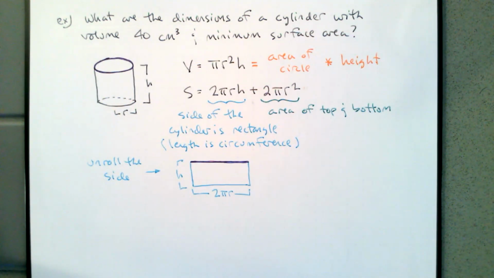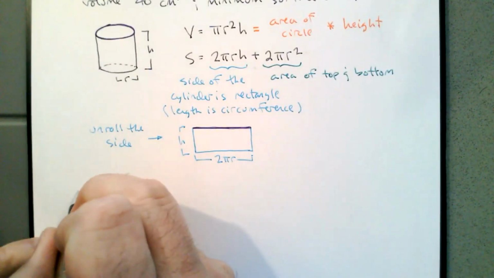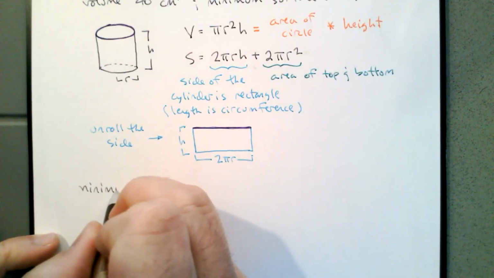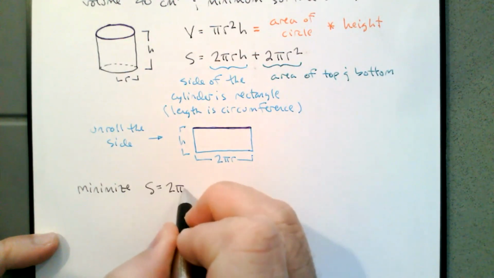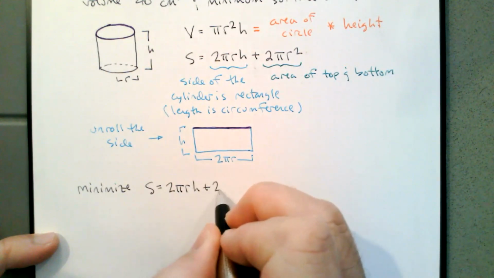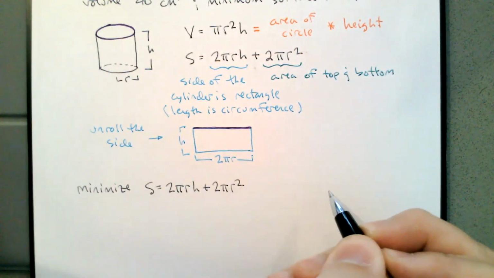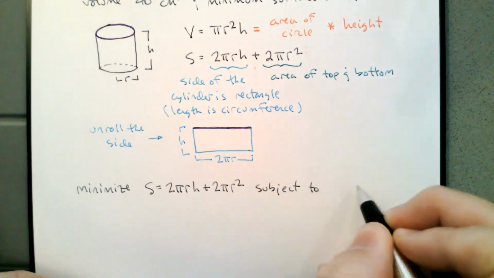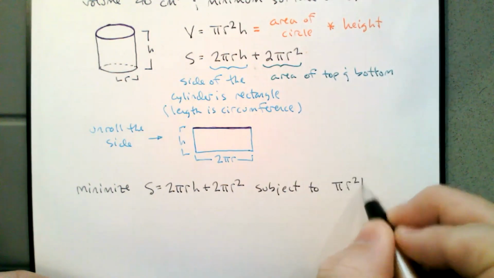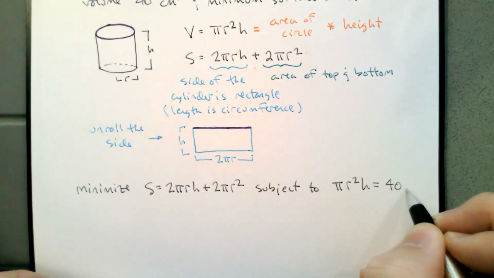So what we want to do is minimize the surface area subject to a constraint that is fixed volume. So our goal is to minimize S equals 2 pi r h plus 2 pi r squared, subject to pi r squared h is equal to 40.